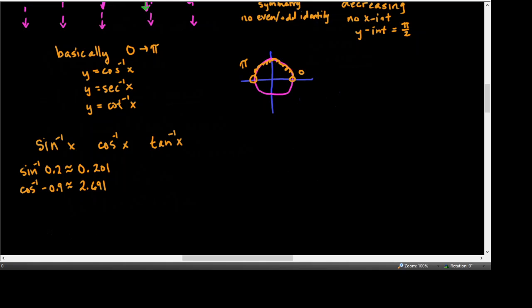Let's see, tangent inverse of, oh, I don't know, let's do negative 3.1 and see what we get. Tangent inverse of negative 3.1 is negative 1.259. Okay, so those are no big deal. You just type them in. If I give you a problem like any of these 3 on the left, type them in, make sure you're in radian mode, and record the answer. Boom, done.